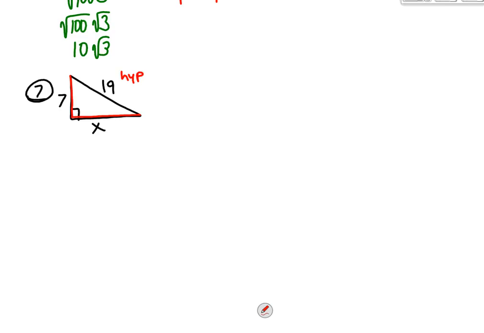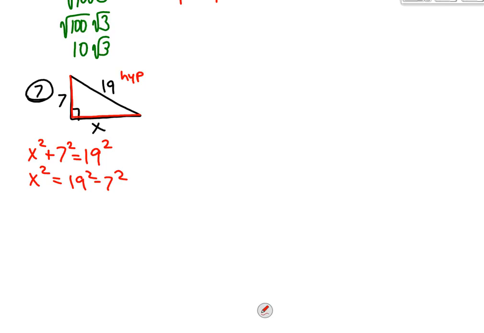So if you remember, for the Pythagorean theorem, a squared plus b squared equals c squared. So in this one, it's x squared plus 7 squared equals 19 squared. I'm actually going to leave those without squaring them and just remind myself, if I wanted to get x squared alone, that means x squared equals, I'll subtract 7 squared from each side, 19 squared minus 7 squared.